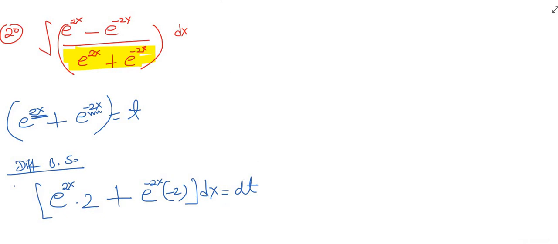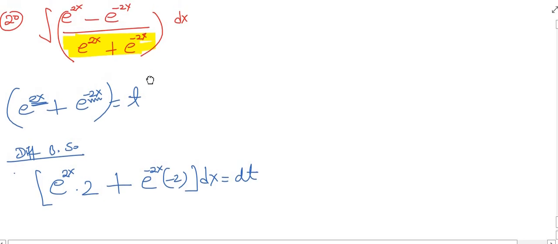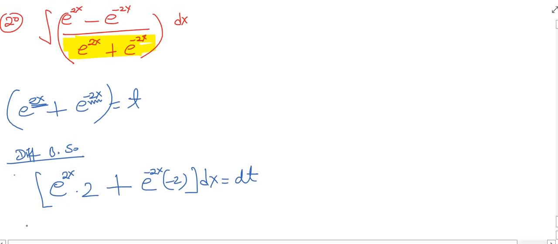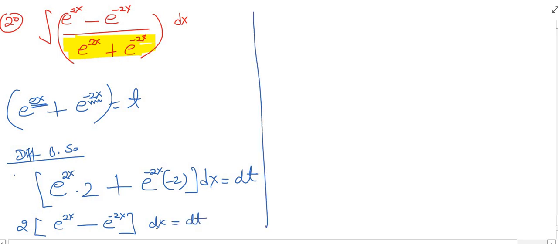So now what we will get here, we can take 2 common. So e raised to power 2x minus e raised to power minus 2x dx is dt by 2. Yes.